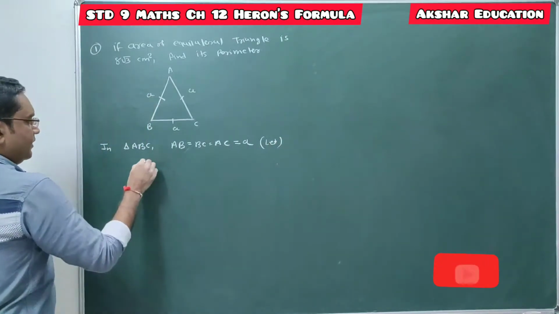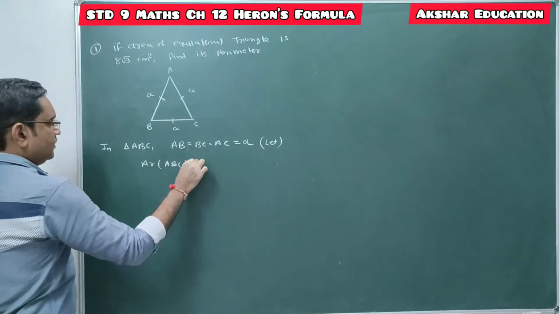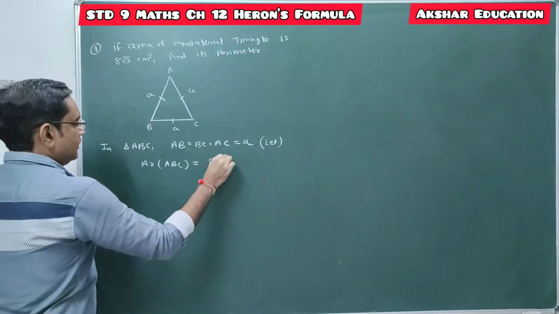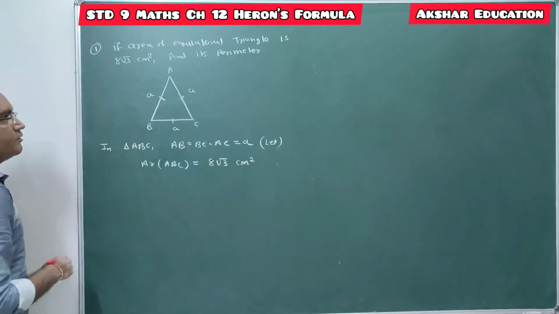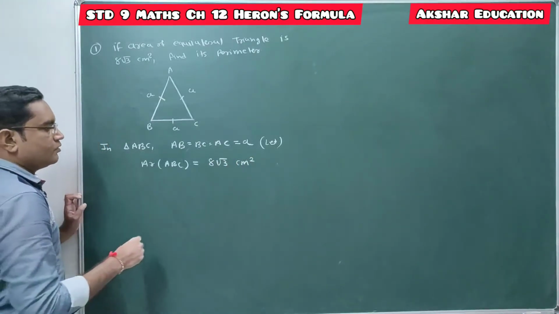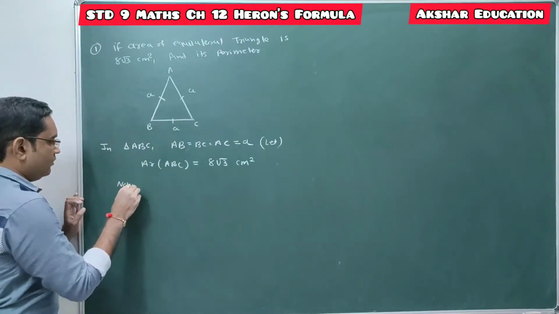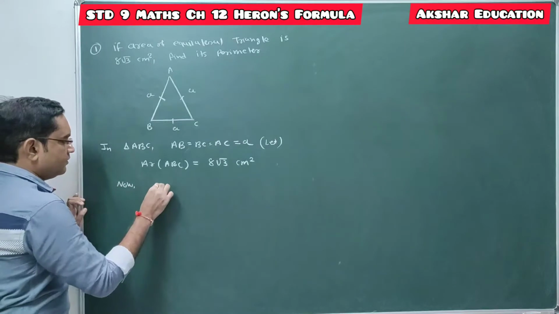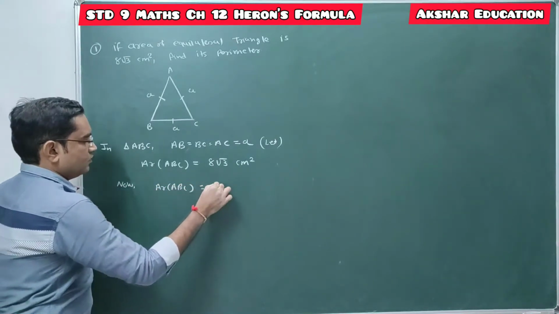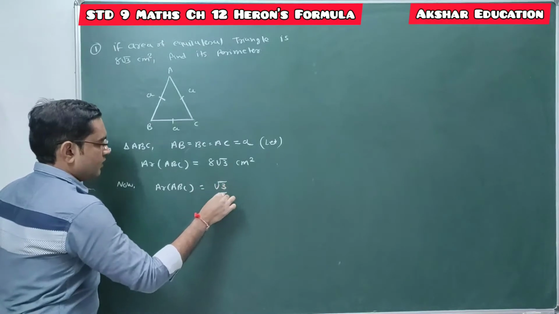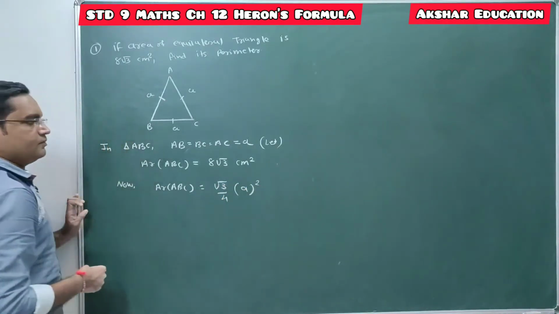Given the area of triangle ABC, which is 8 root 3 centimeter square. The question is, find its perimeter. So here we know the area of the equilateral triangle. The formula for the area of an equilateral triangle is root 3 by 4 side square, and that side is a.